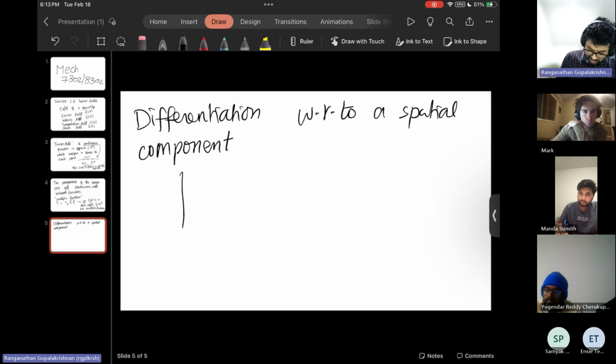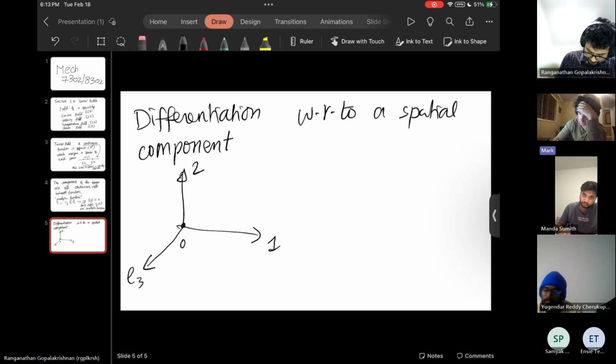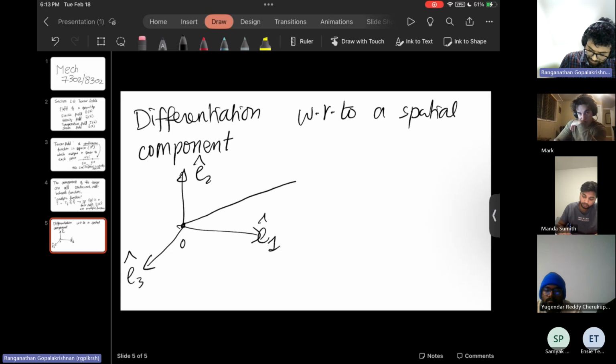That is, if we just assume that we have some unspecified coordinate system defined by directions 1, 2, and 3, with respect to this coordinate system, we take a point P, and let's say P has a coordinate X. So we can write X equal to Xi Ei.